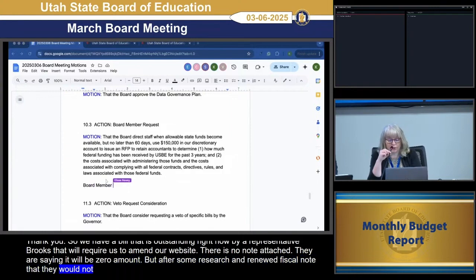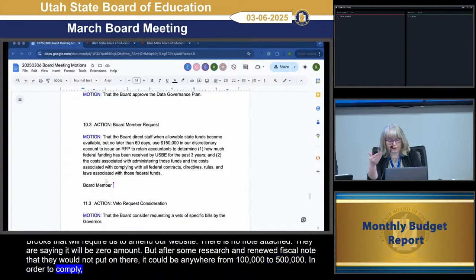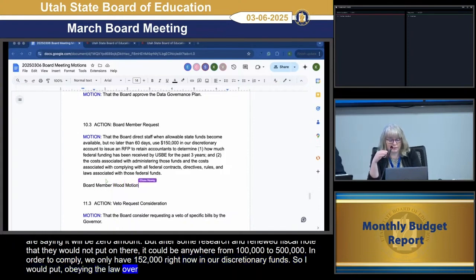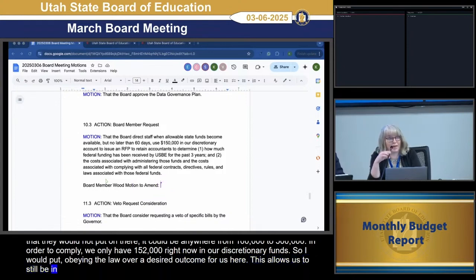And so in order to comply, we only have 152,000 right now in our discretionary funds. So I would put obeying the law over a desired outcome for us here. So this allows us to still be in the queue if it passes, but allows us to obey the law if that law passes. So thank you.